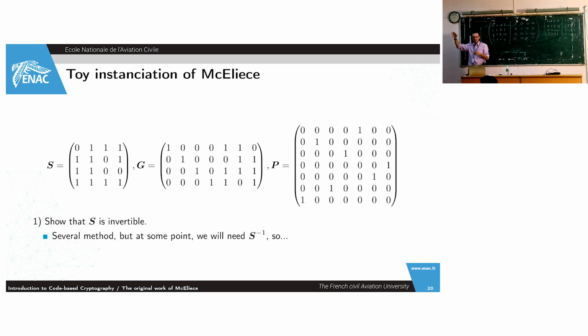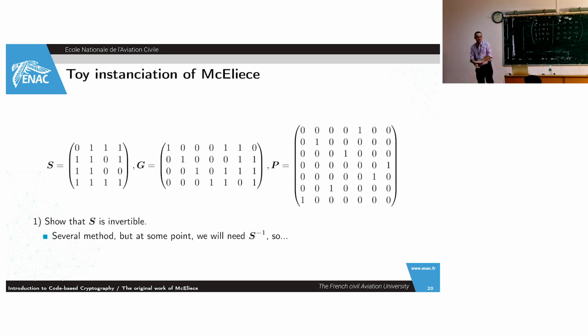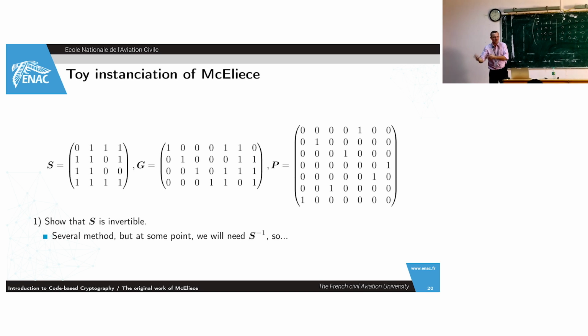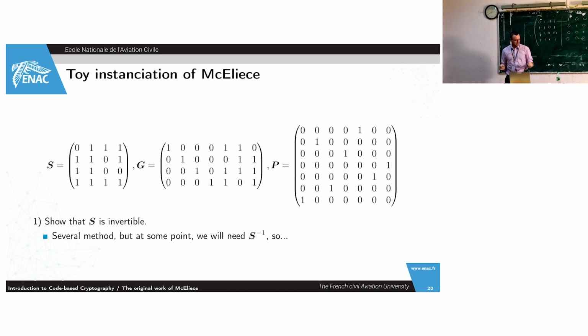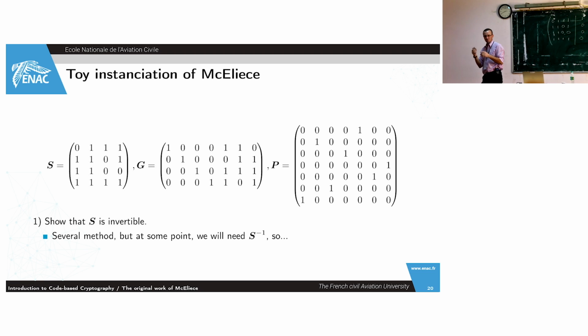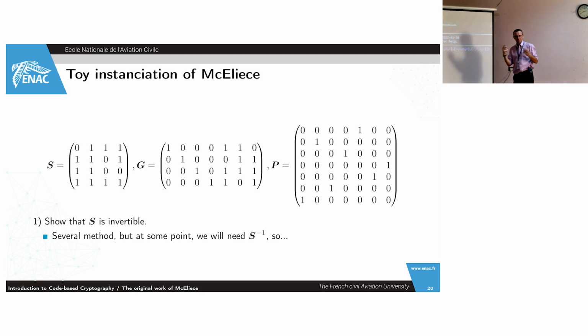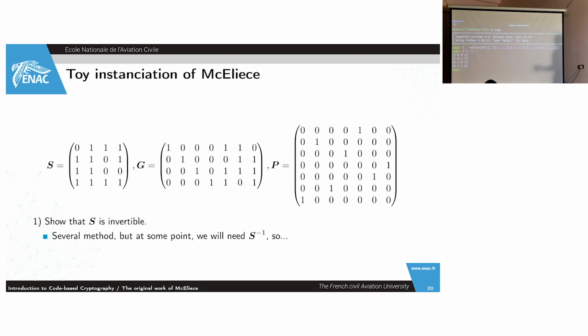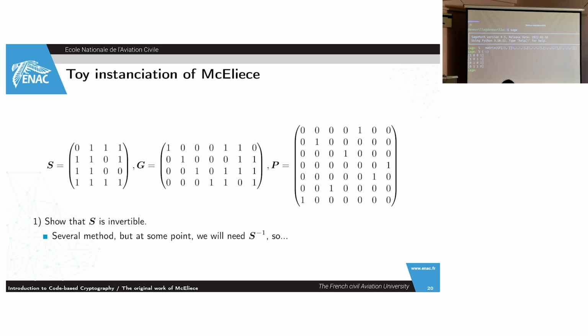Sage is an overlay of Python, which is very useful when you want to use already built-in functions, like for factoring. This stuff here is the Galois field of characteristic 2. It's a Galois field of 2 elements. It's F2. It's a finite field of 2 elements. Okay. I put the matrix.